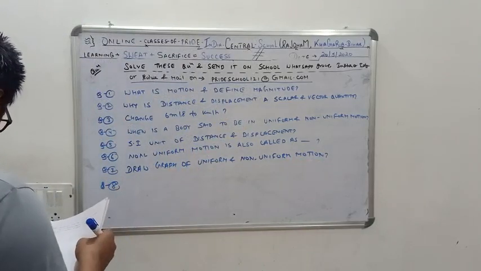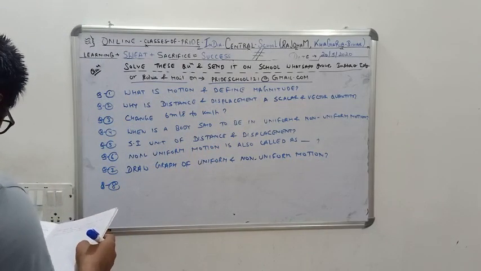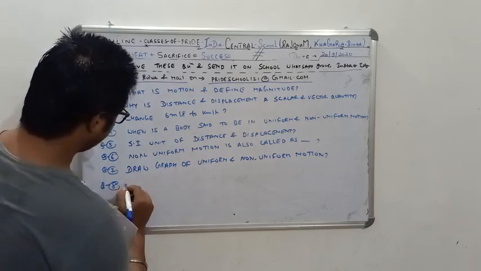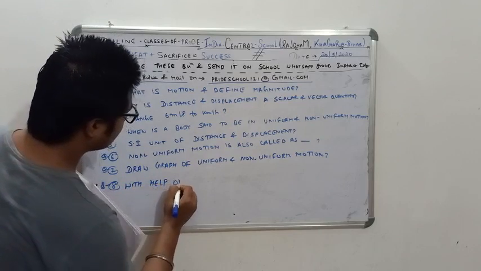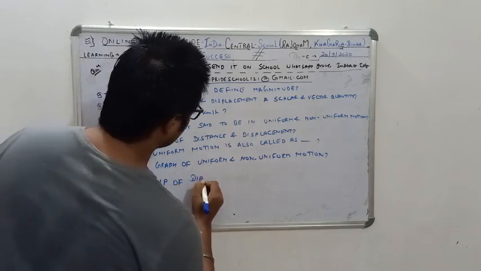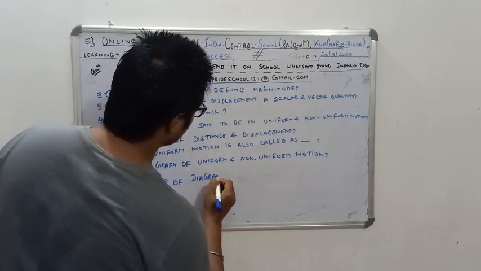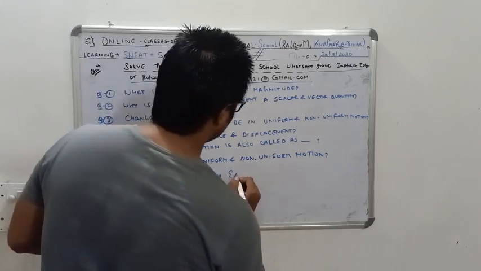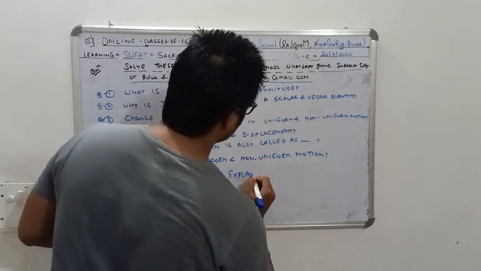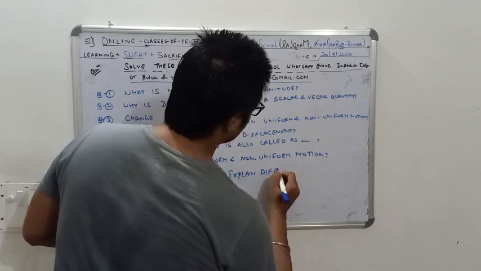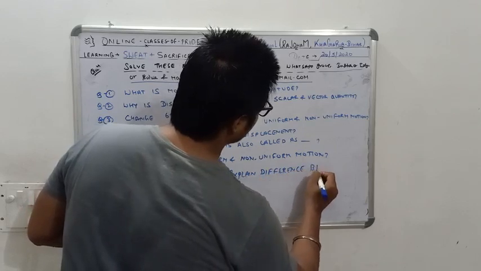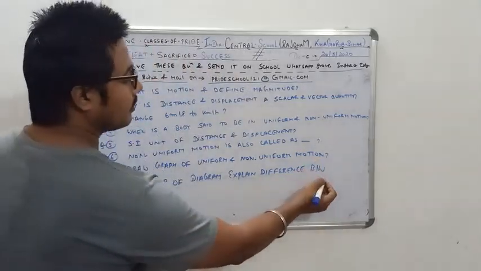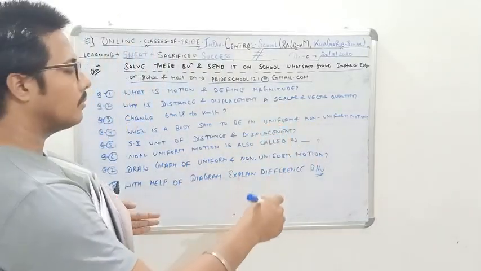Question number 8. With the help of a diagram, explain the difference between distance and displacement. In short form, I write D/W for difference between.